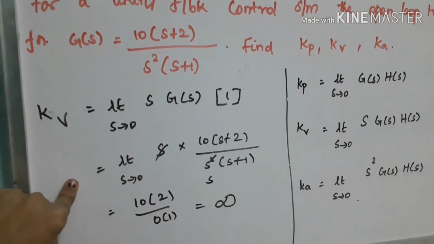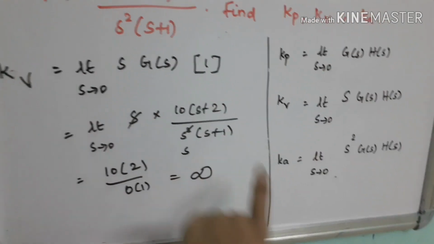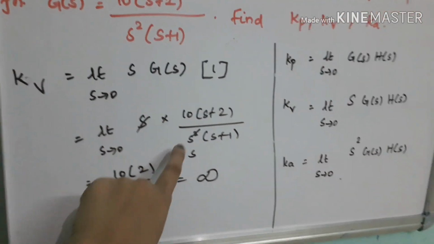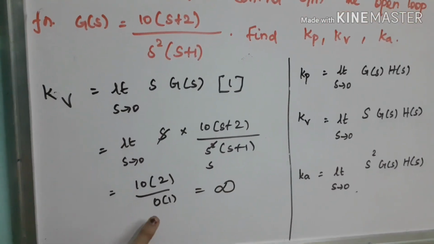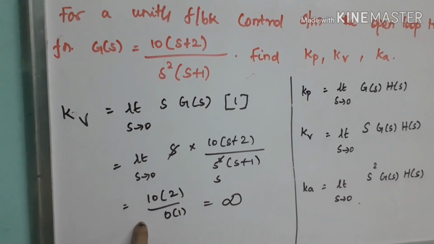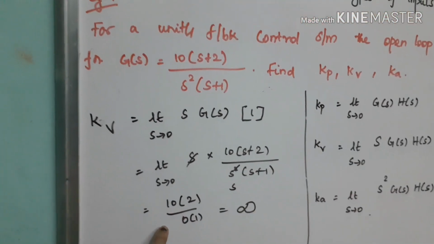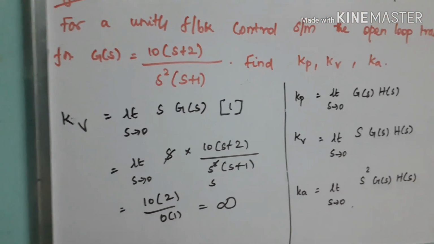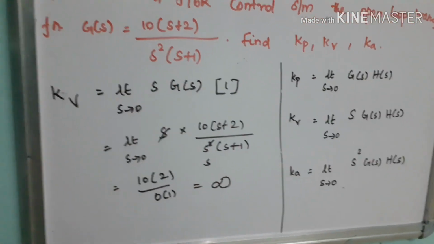So limit s tends to 0 of s into 10(s+2) by s squared (s+1). Here s and s get cancelled, so one s remains in the denominator. After substituting s equal to 0 we have 0 in the denominator. So 10 into 2 by 0 is equal to infinity. So Kv is also equal to infinity.